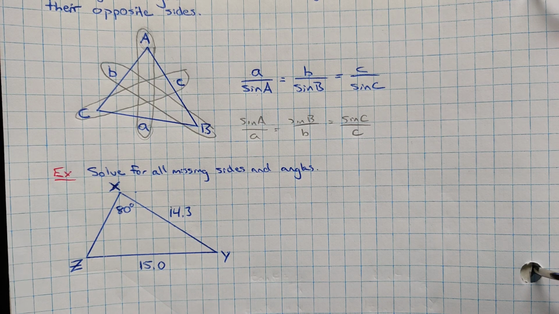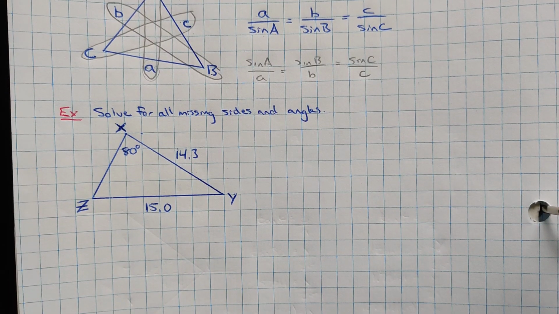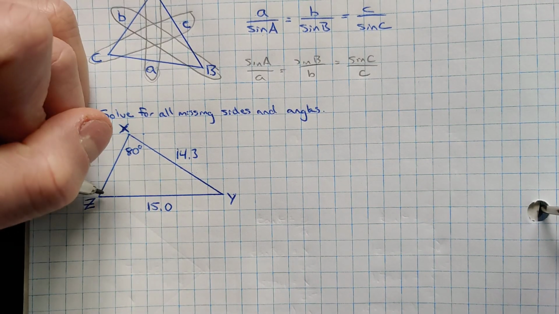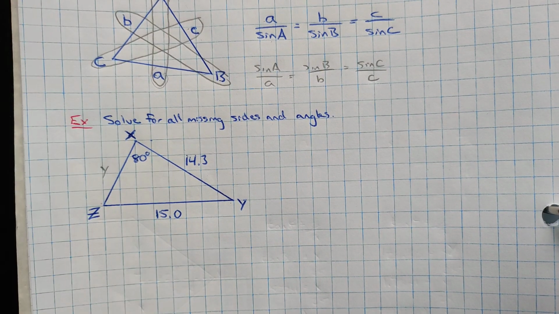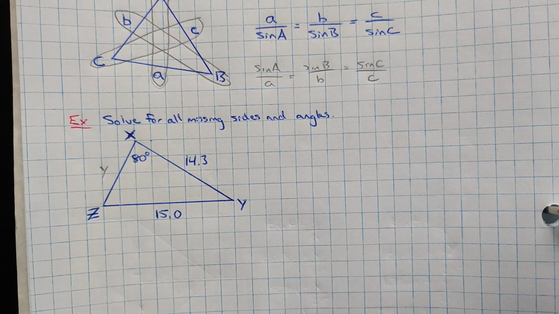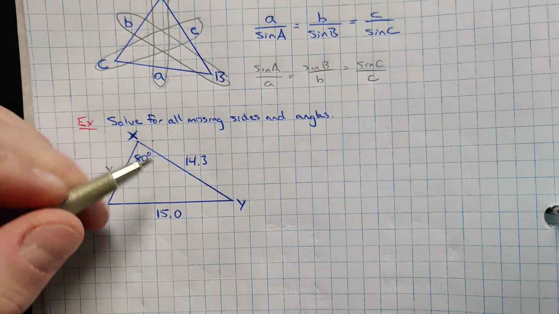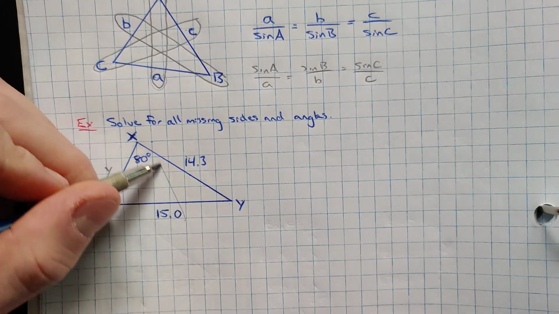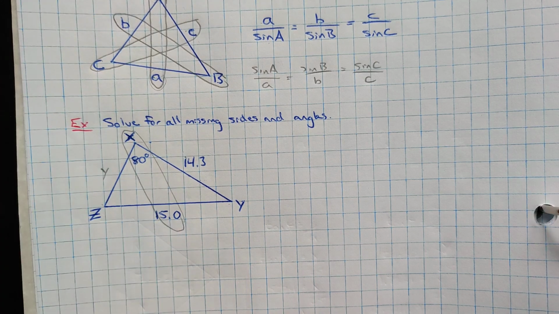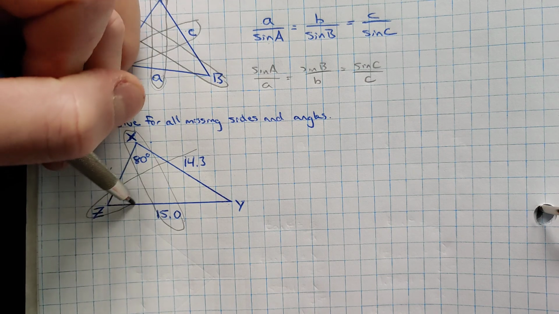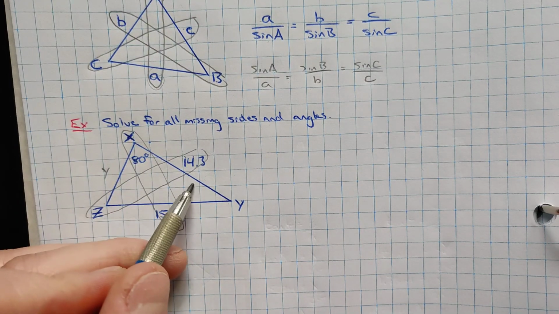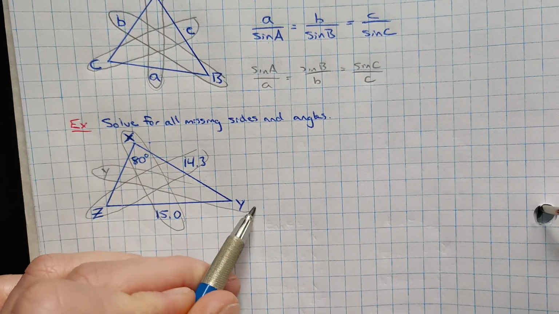All right, so let's see this in action. Here we have a triangle. We want to solve for all the missing sides and angles. So we're missing angle Z, angle Y, and we're missing side Y. So we need to find all these values. Let's start with what we know. So we have this matching pair here, and then this pair here, and then this final pair here.